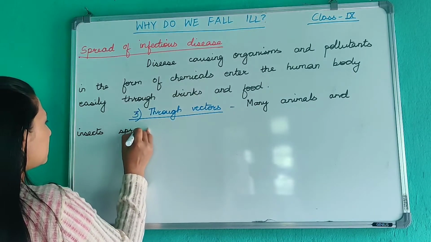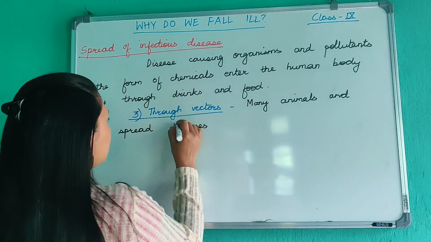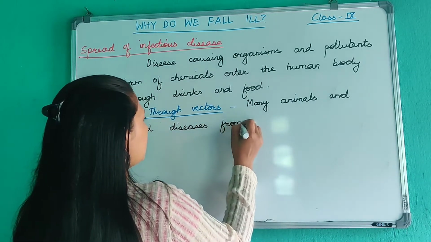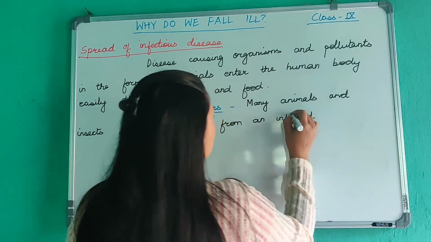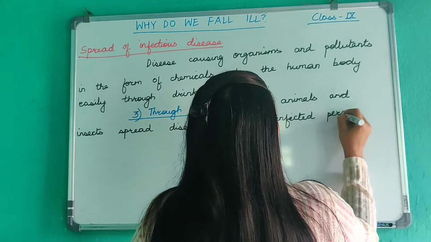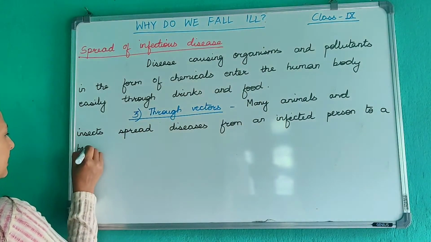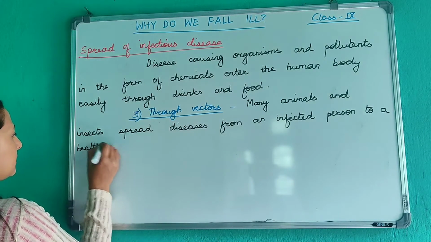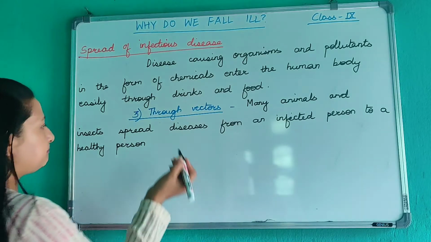Many animals and insects spread diseases from an infected person to a healthy person.